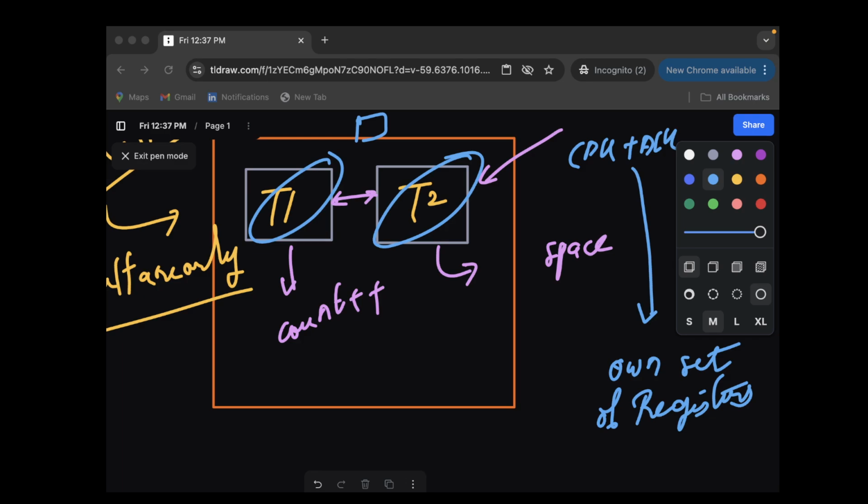But in multi-core processors, each core has its own CPU and ALU. Yes, that is where the issue lies. That is where our problem is going to occur. Hence we need something to be synchronized.